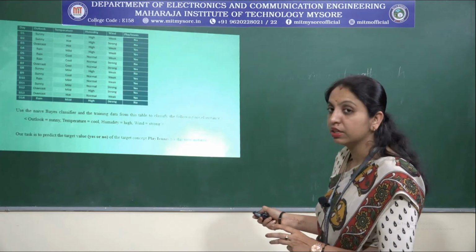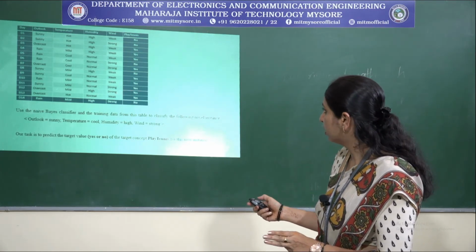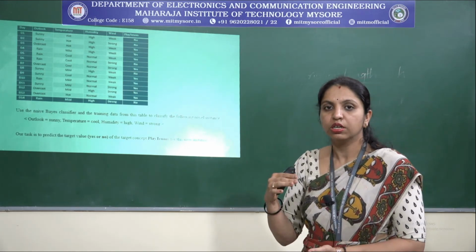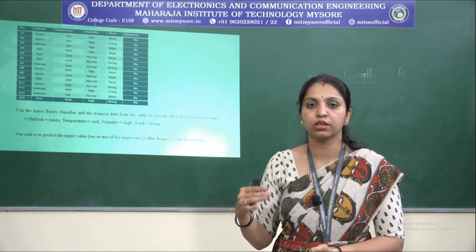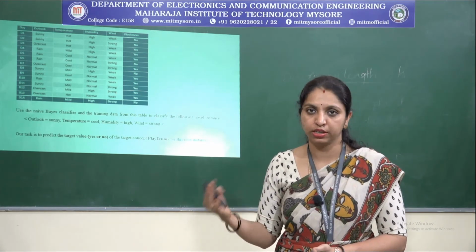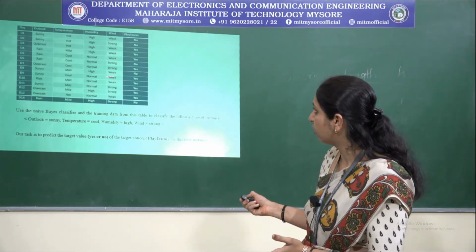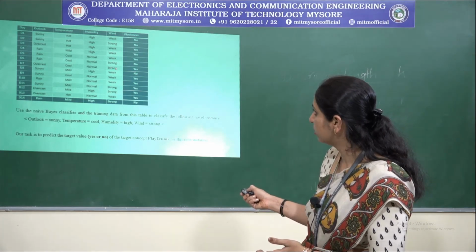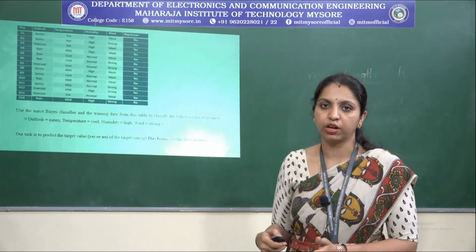So there are 3 out of 9 training examples, because out of 14 training examples, 9 say yes. Wherever you find strong which says yes, that is 1, 2, 3, so 3 out of 9.